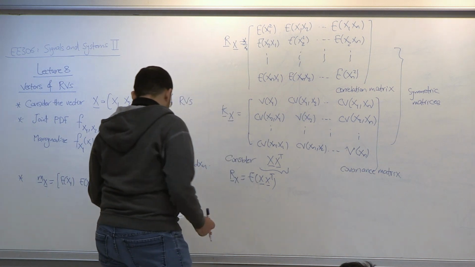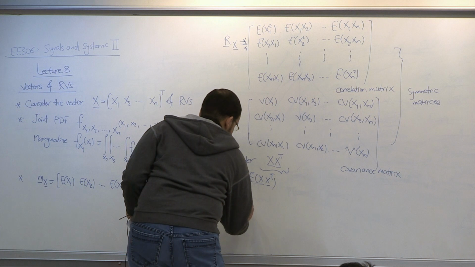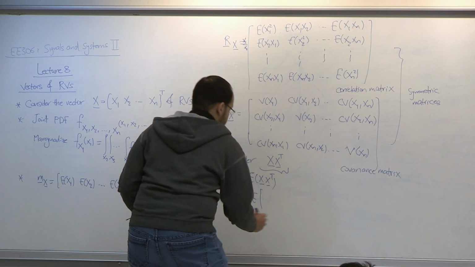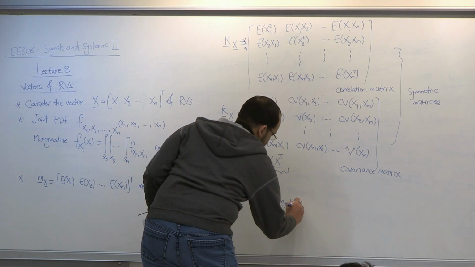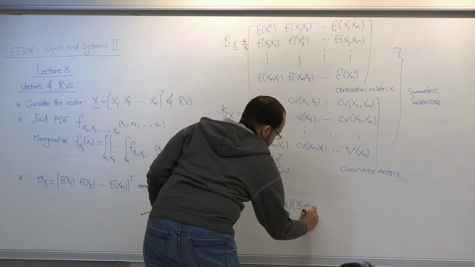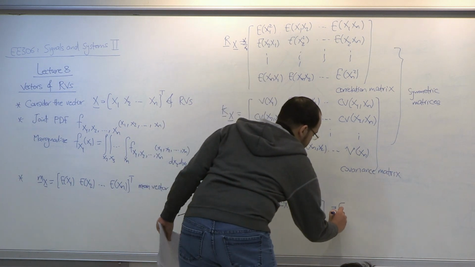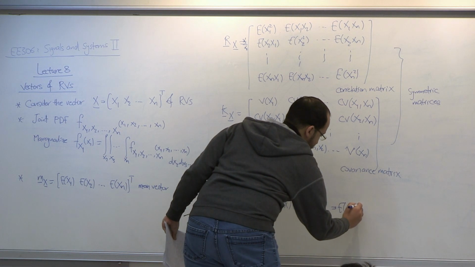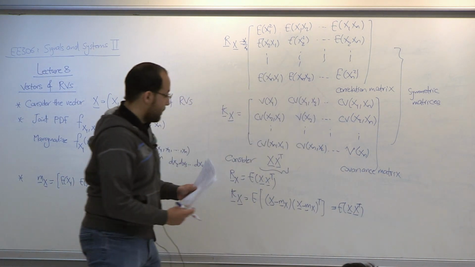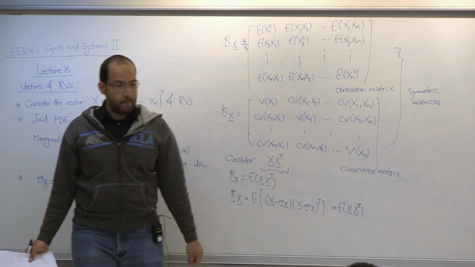And then we can also write the covariance Kx as the expected value of X minus Mx, times X minus Mx transpose. This is the expected value of X transpose. And then, what is the next term? Can someone tell me what is the next term here?